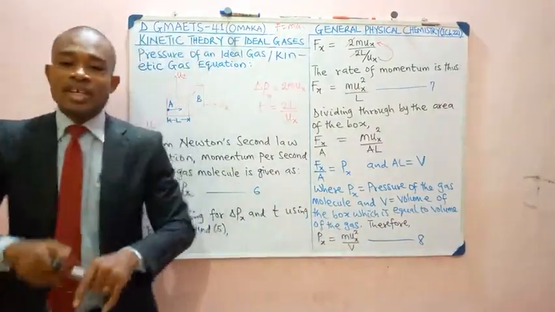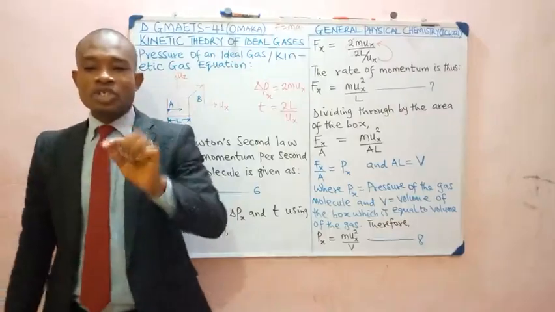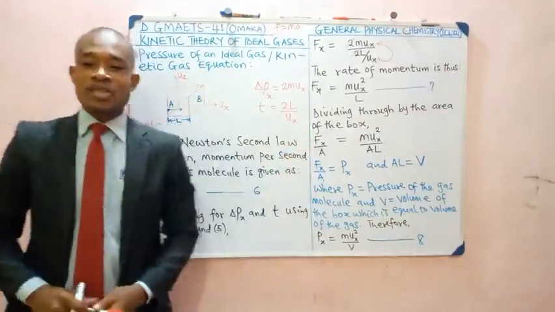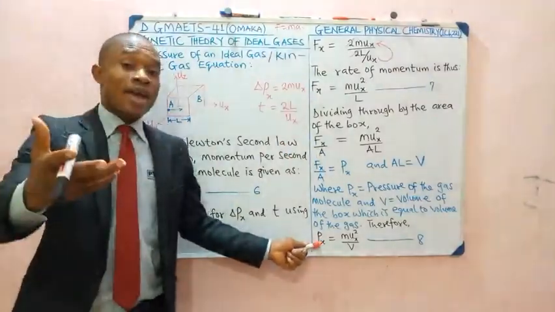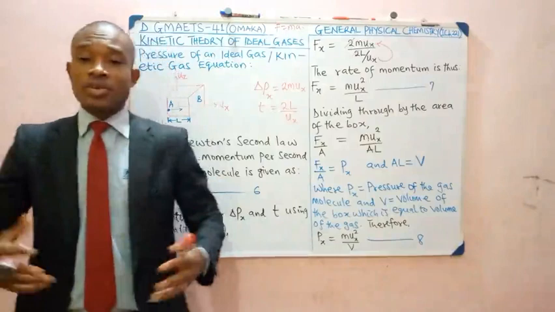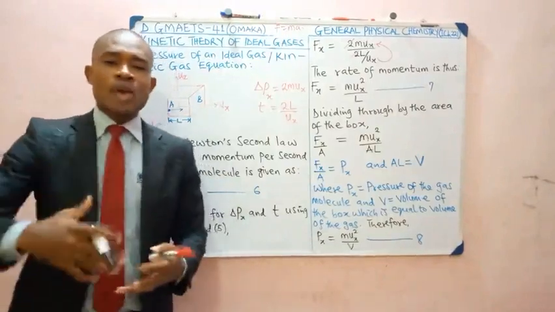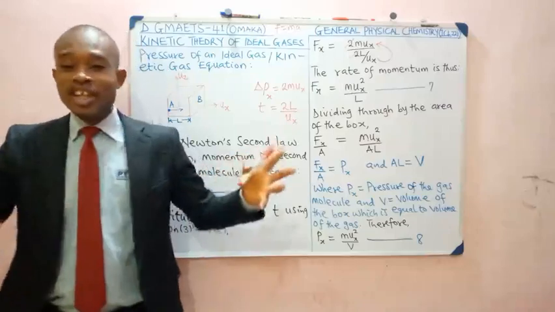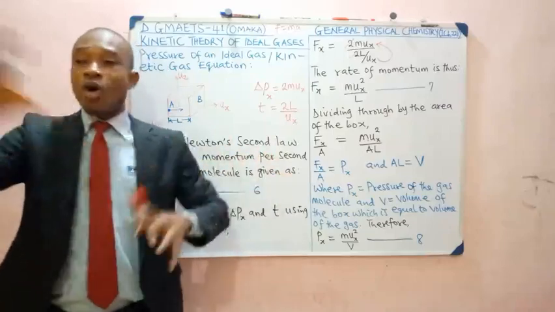This equation 8 gives us the value of the pressure of the mass of one molecule in a given axis. One can write this for the y-axis as well, so all you need to do is to change the subscript x to subscript what? Y. And one can also write it for what? Z-axis. Which of course you know will lead to getting the total pressure in all dimensions.